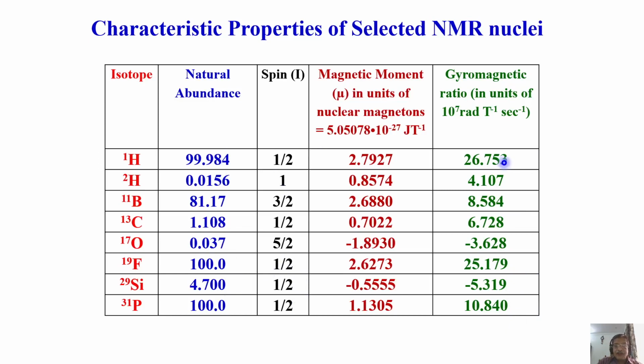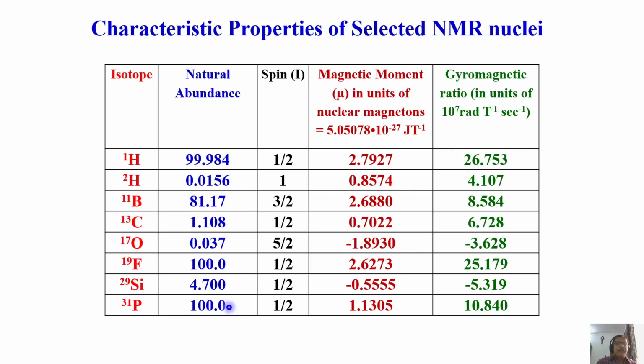So, which is the nucleus with higher gamma apart from proton? Next is fluorine. Among the nuclei which are well studied and generally in demand after proton, the most investigated is carbon 13, which is spin half, with gamma 4 times smaller. Let us keep this point in mind.